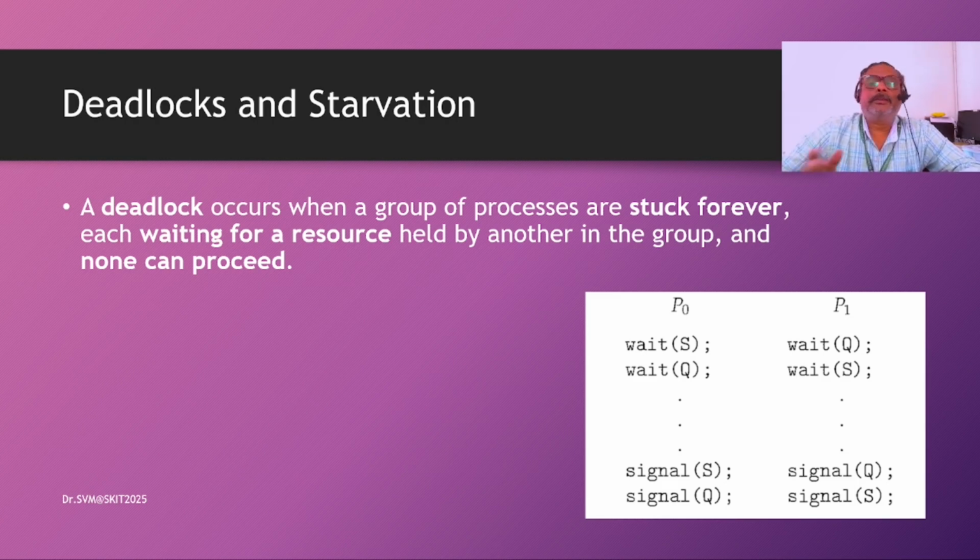And P1 has to release Q. So to release Q, it has to execute signal Q. But to execute signal Q, it should come forward after wait S. Now what is wait S? It wants to use S. Where is S? S is held by P0.